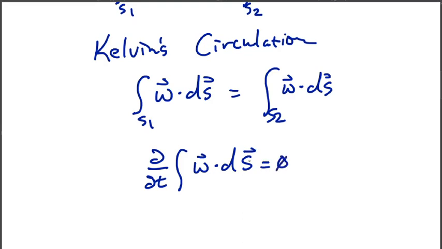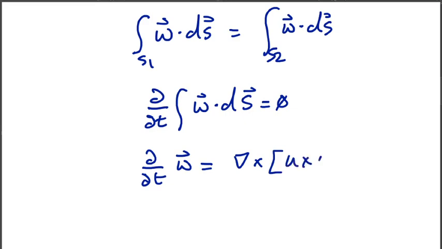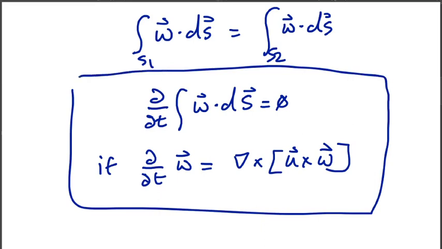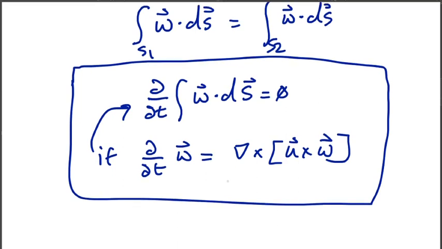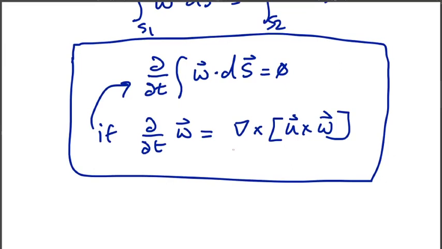And this is true for any vector field with the evolution equation d by dt of omega is del cross u cross omega. So if our evolution equation is d by dt of omega, then the flux of vorticity on any surface in the flow is a constant quantity.